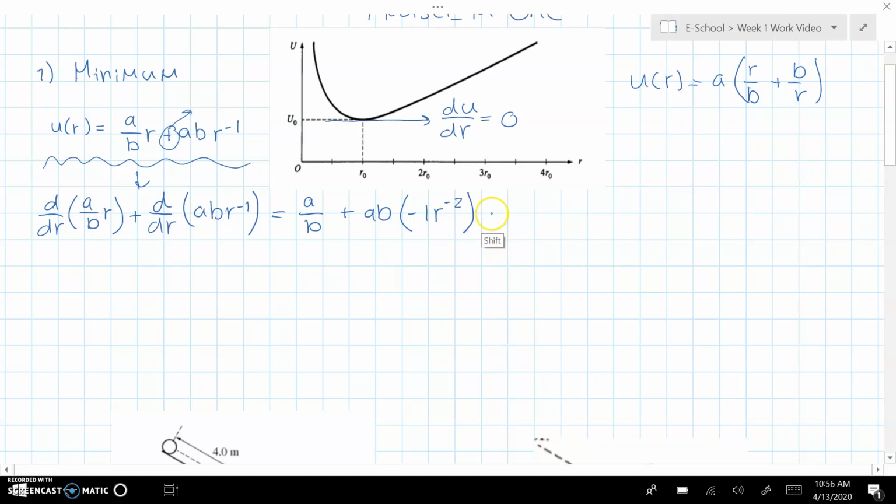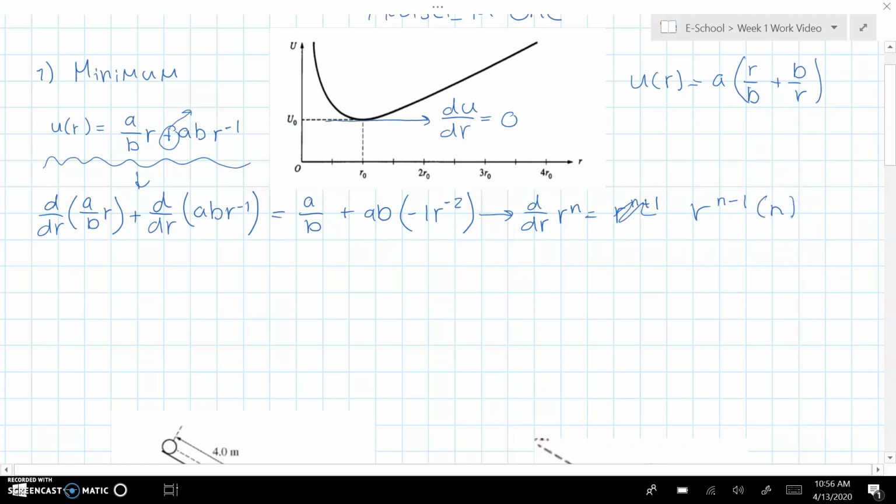Now this comes from, remember, when we take the derivative, d/dr of r to the n is equal to r to the n minus 1 times n.